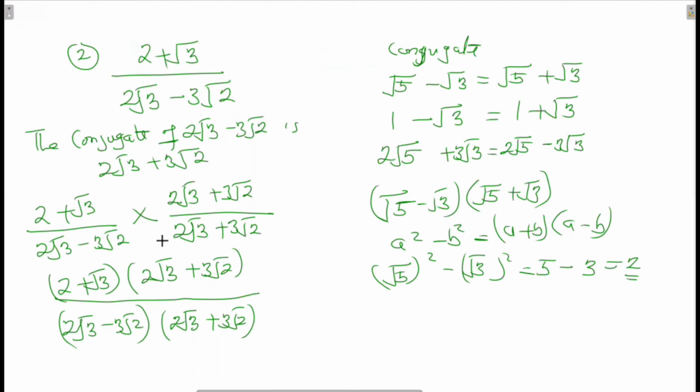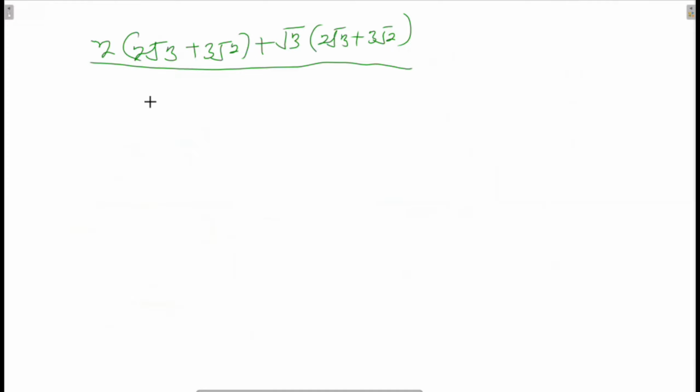That means you say 2 root 3 all squared, because it's like the difference of two squares. So that becomes 2 root 3, everything squared, minus 3 root 2 all squared.